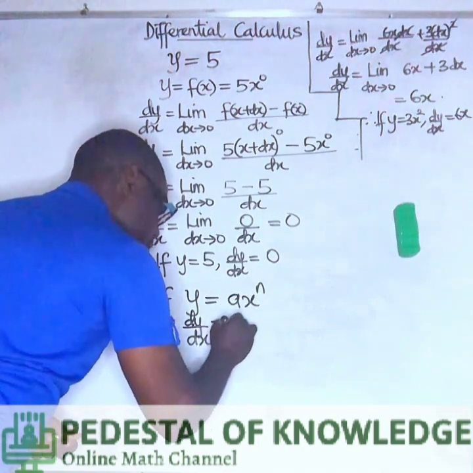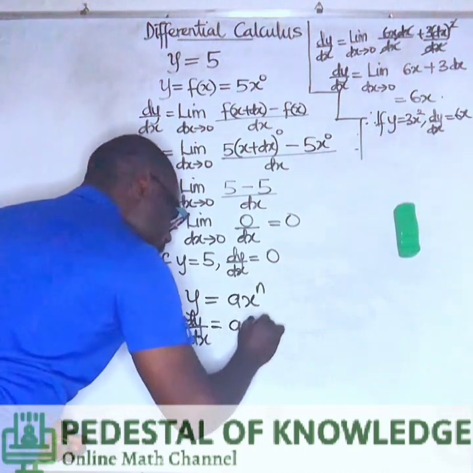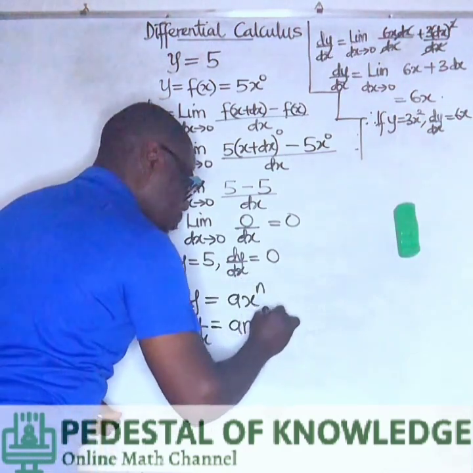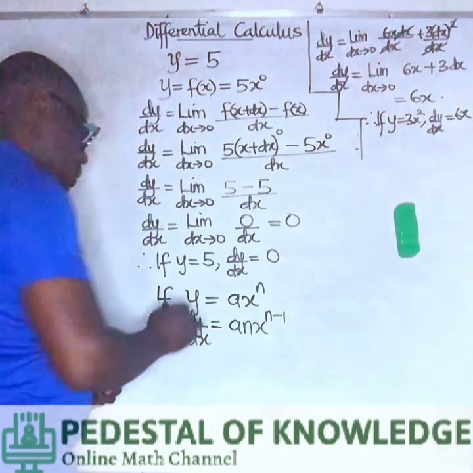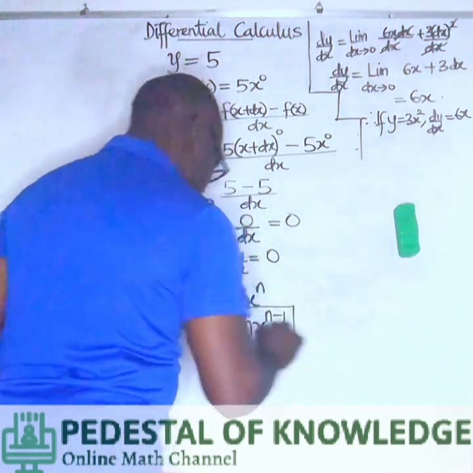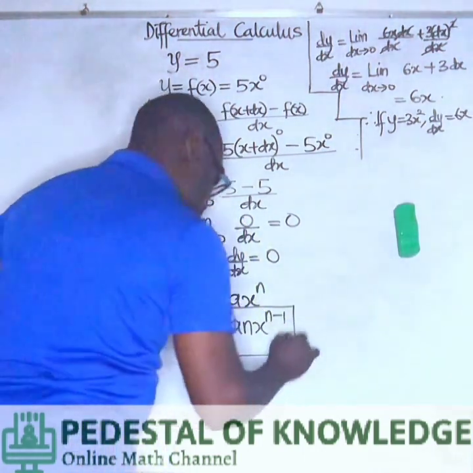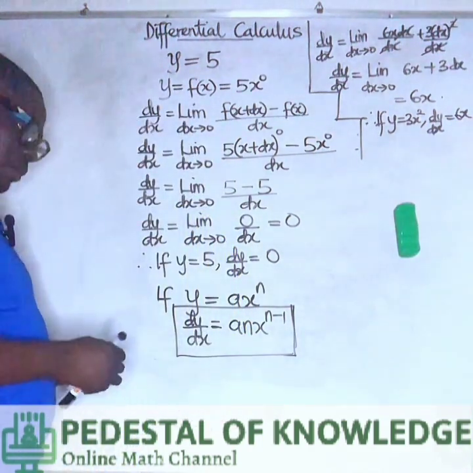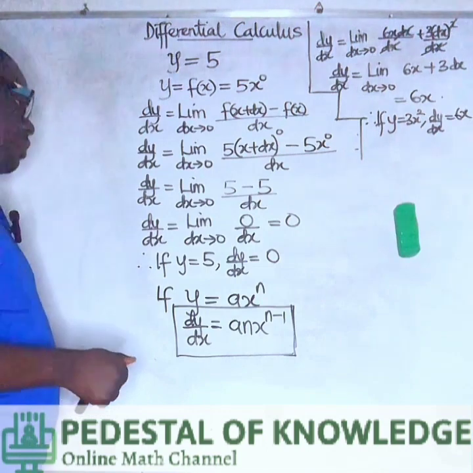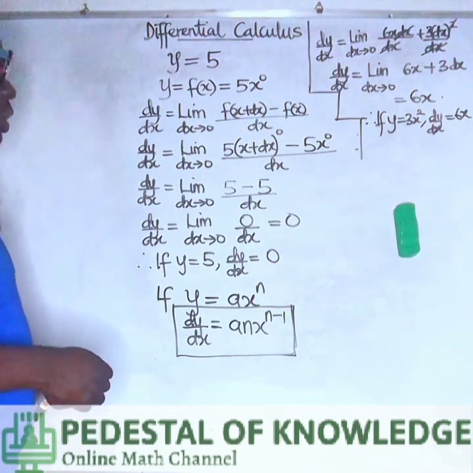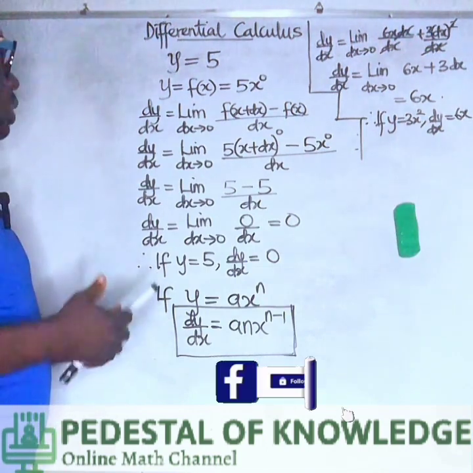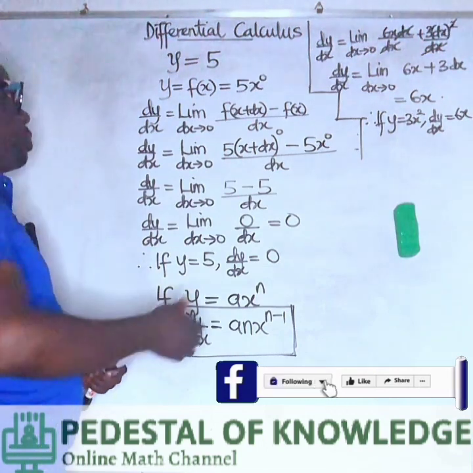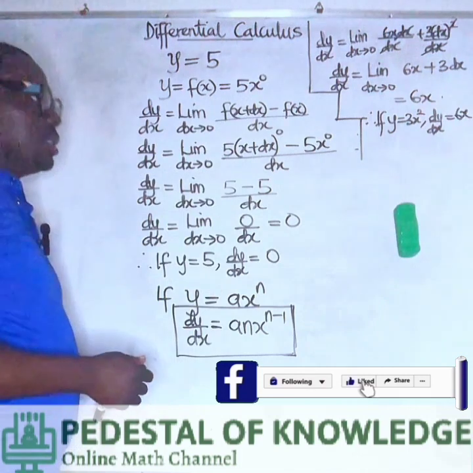So we're going to have a n x, then we're going to subtract 1 from n, becomes n minus 1. This is the formula used to find the differential coefficient of a function easily. But when we are asked to find the differential coefficient of a function from first principles, please, we need to engage this formula to do that.